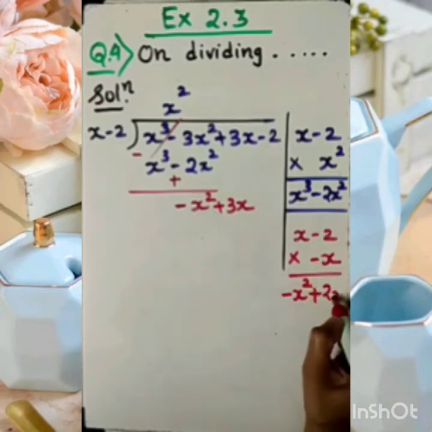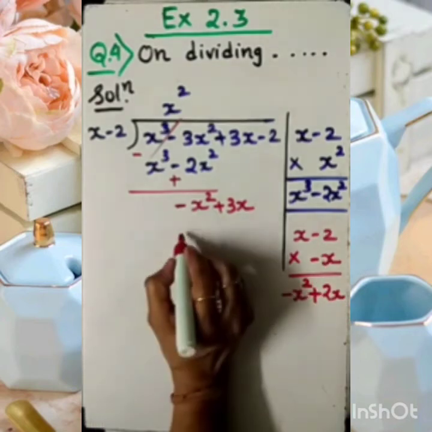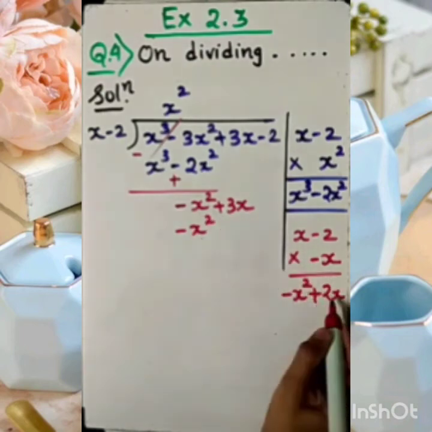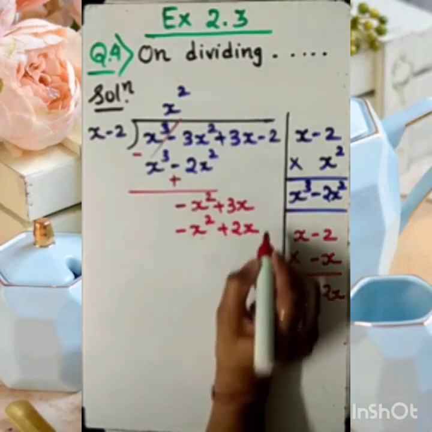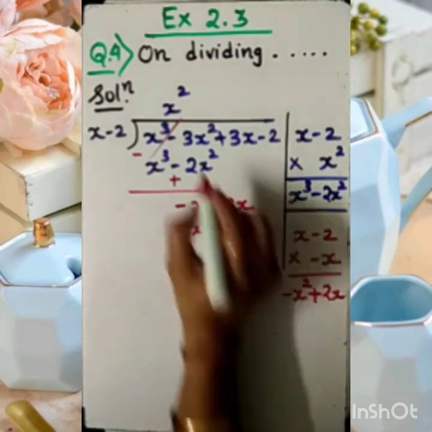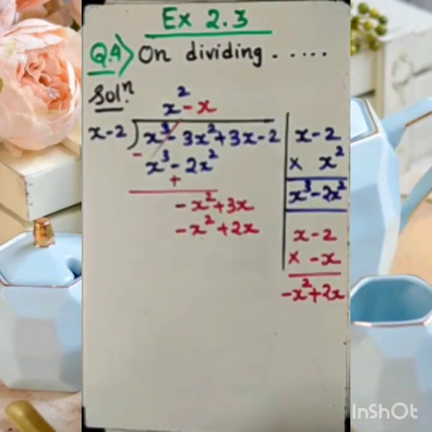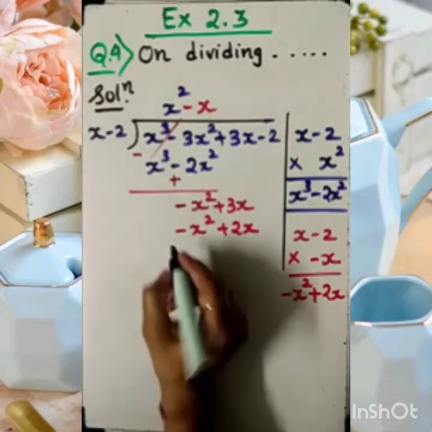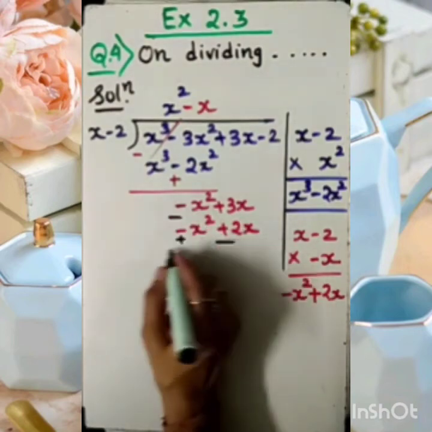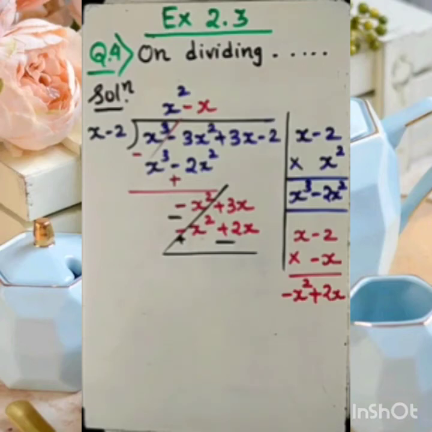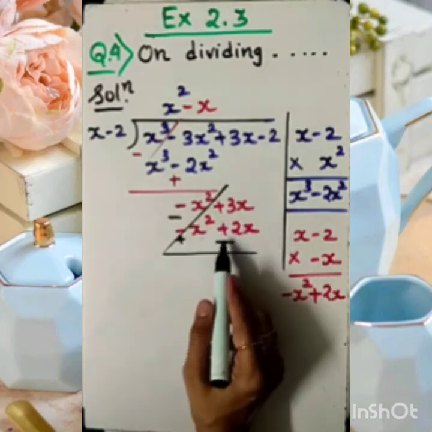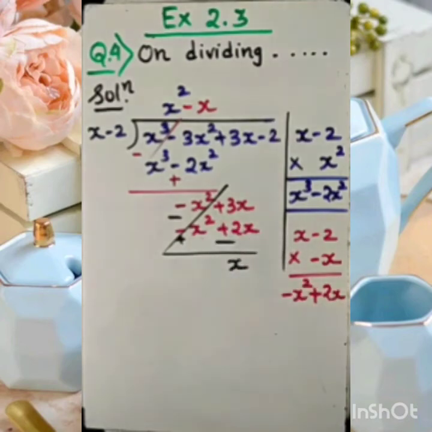Minus minus in product becomes plus, so minus x square plus 2x. And this is minus x, so I am writing minus x here. Here this will be minus plus minus, so this will be cancelled. You know very well, plus 3x minus 2x is x.